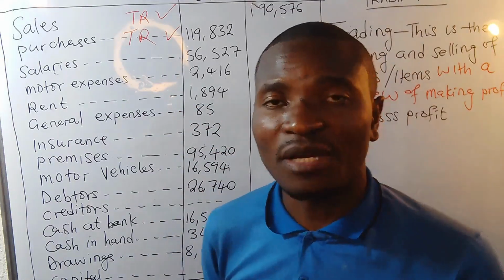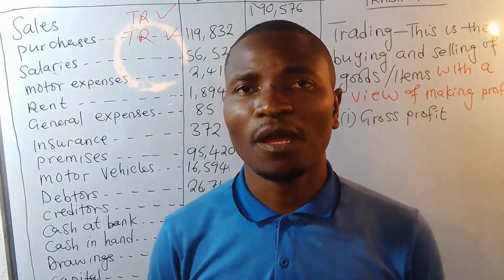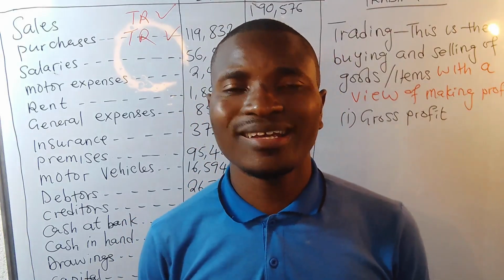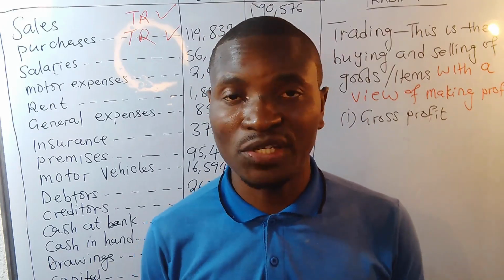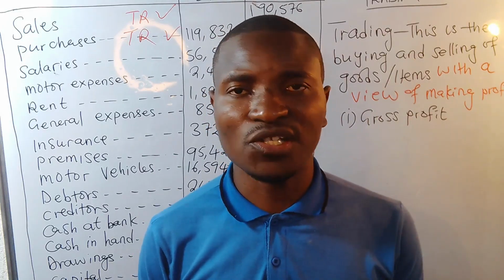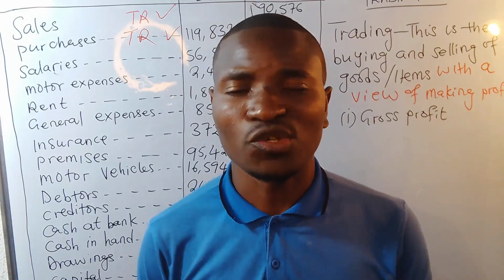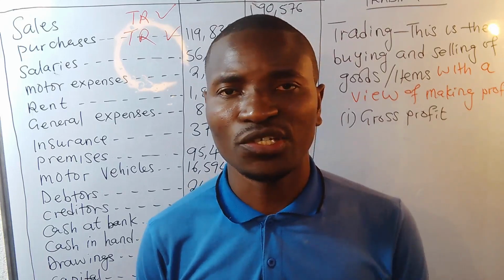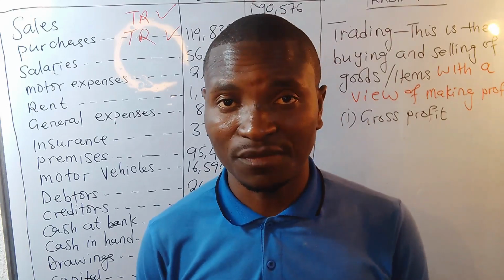Now the other thing that you must understand is about stock. Most people get confused. There is a word interchange that is normally used in the business world. You have what is called stock, and you also have what is called inventory. The inventory and the word stock are used interchangeably.